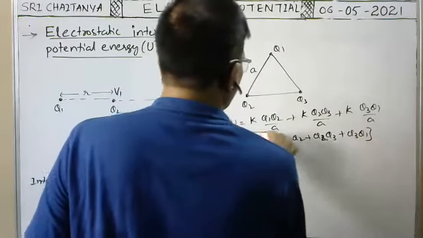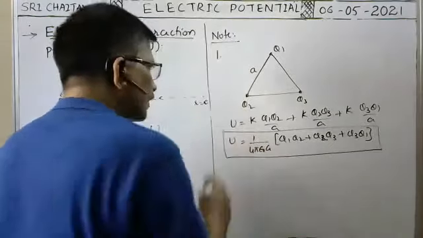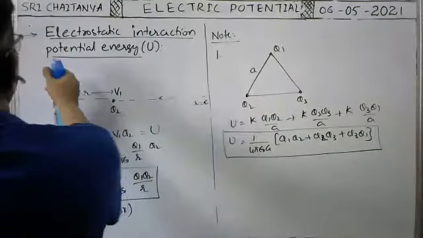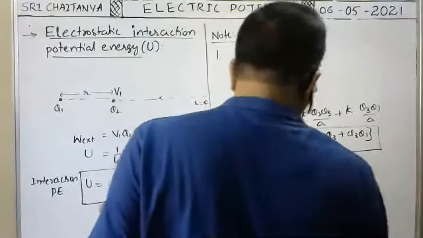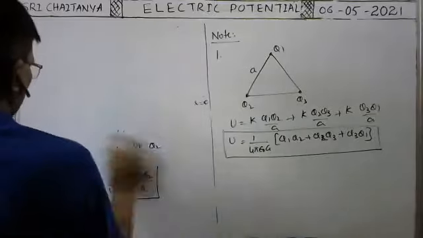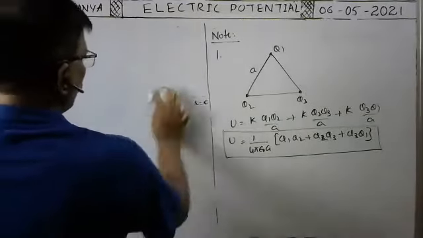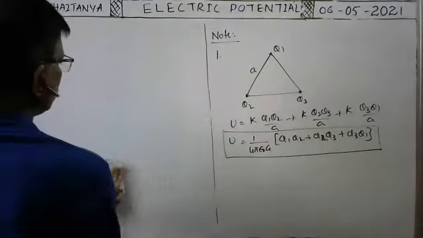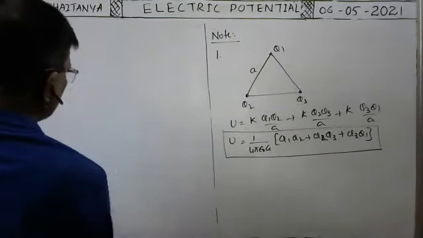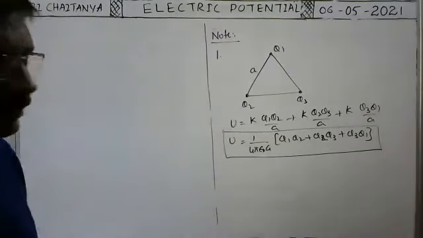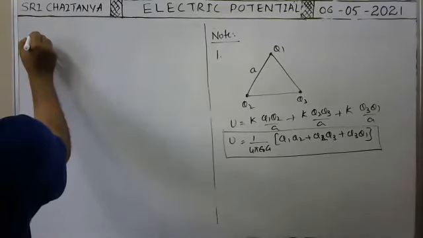This is the interaction potential energy of the system of 3 charges kept at the corners of the equilateral triangle of side A. Note it down. Note 2.